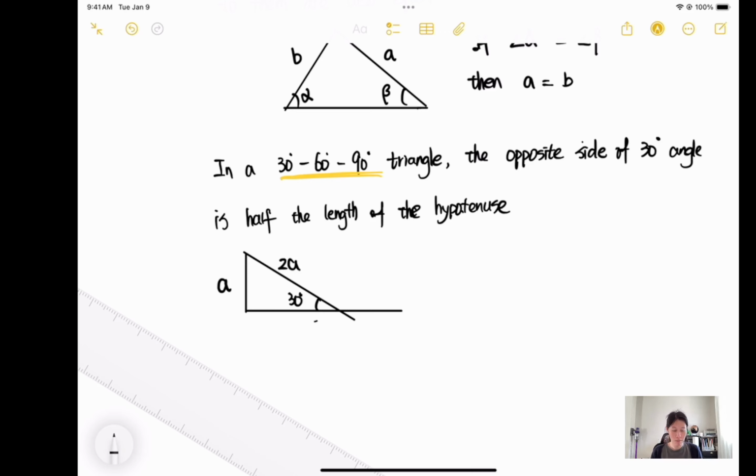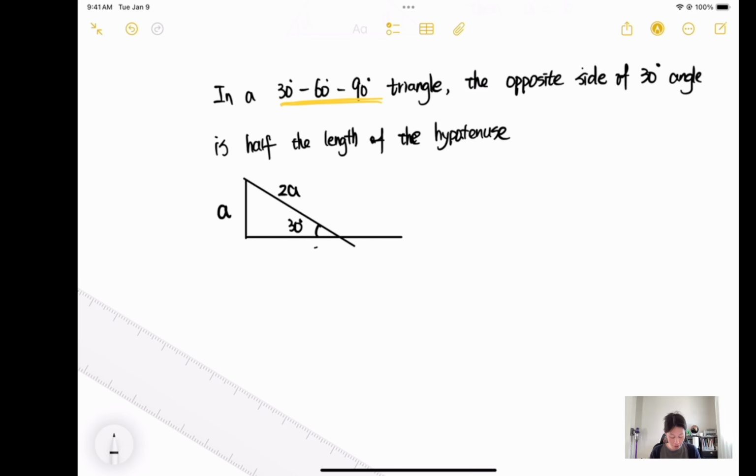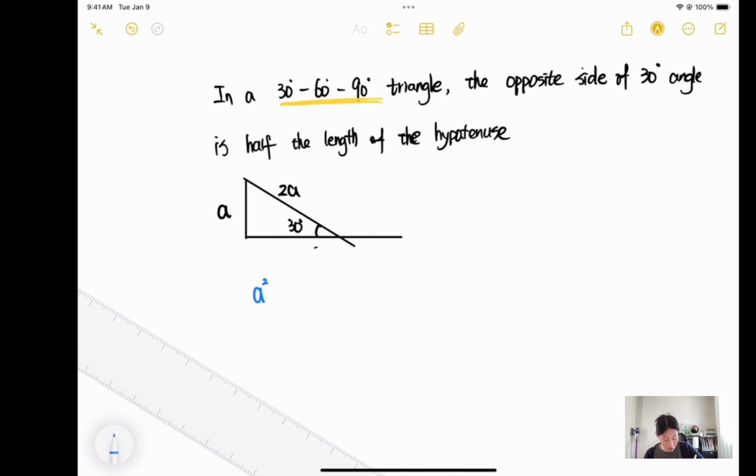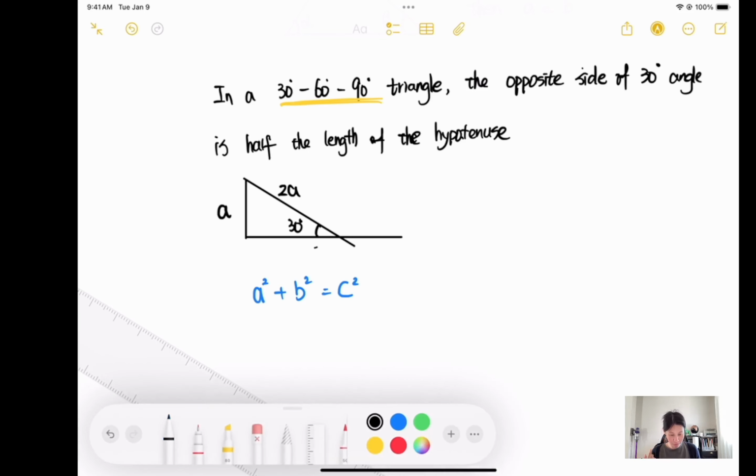Another thing I want to remind is the Pythagorean theorem. The Pythagorean theorem says that the sum of the squares of two sides of a right triangle is equal to the square of the hypotenuse.